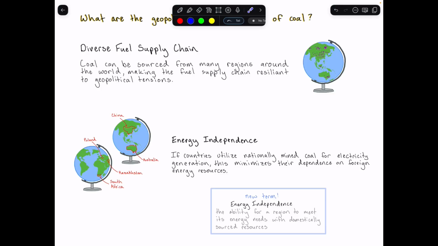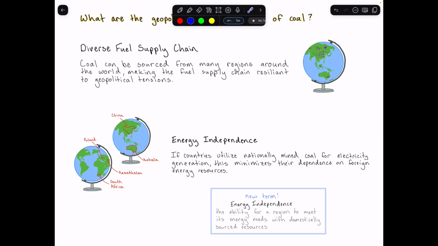And if countries use nationally mined coal for generating electricity, this can minimize their dependence on other countries or foreign energy resources. So this means that if there are geopolitical tensions, if there are trade embargoes, or if there's a war, countries that utilize their own nationally mined coal will likely be less affected by some of these disruptions.